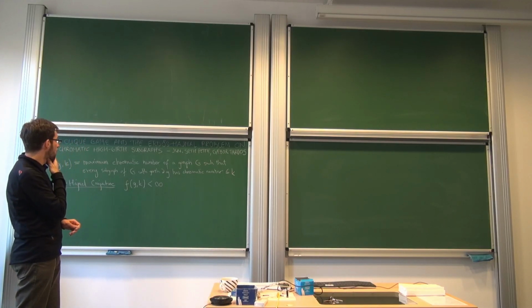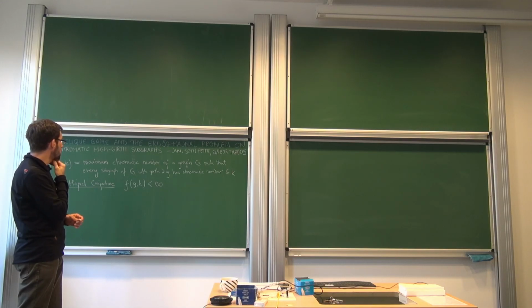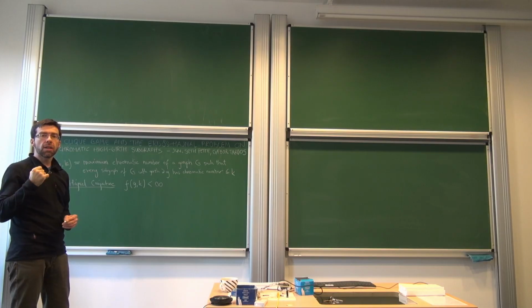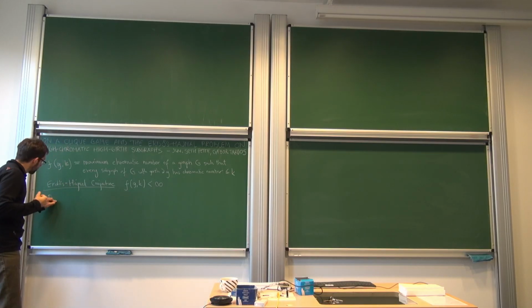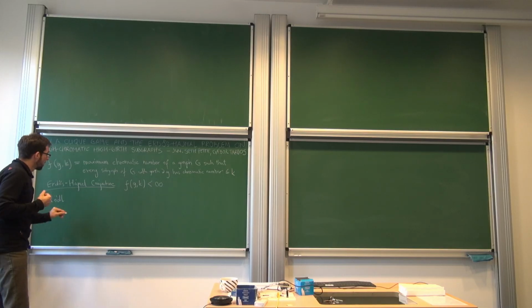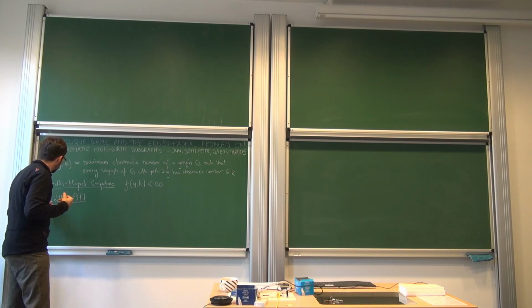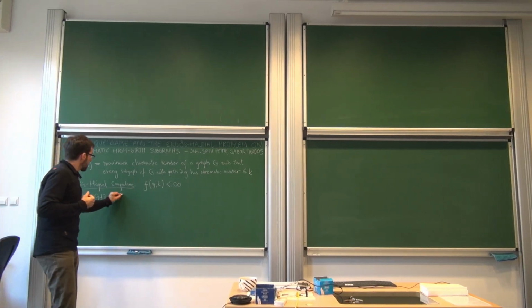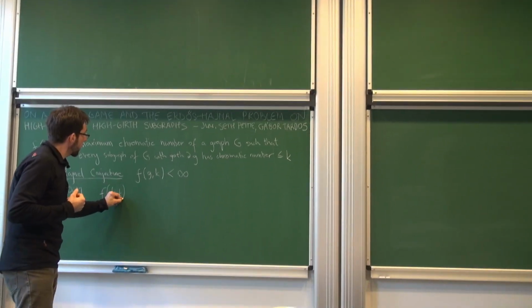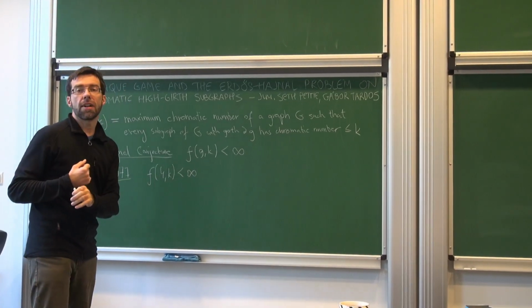Okay, so this is a problem from the 60s, and what is known, there is basically just one result by Rödl from 1977, which says that f of 4, k is finite.